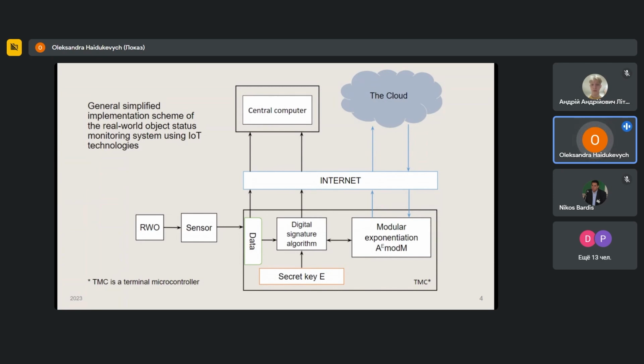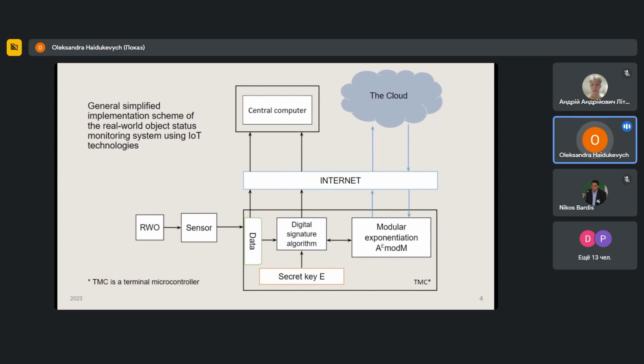This slide presents a simplified overview of implementing a real-world objects monitoring system using IoT technologies. In this system, specific sensors, such as a video surveillance camera, collect information about the object state and forward it to the terminal microcontroller. Before transmitting the data to the computer control center, the terminal microcontroller employs its secret key to create a digital signature.